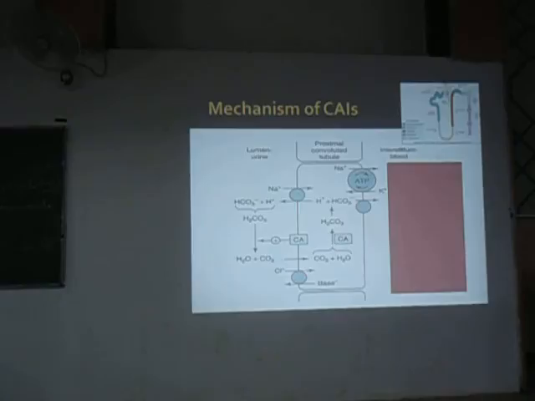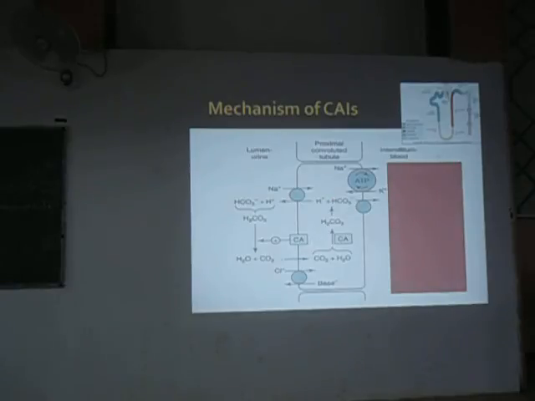Once it has entered the cell, it combines with water, and under the influence of carbonic anhydrase it is converted to carbonic acid, which gets converted to hydrogen ion and bicarbonate. So this was the mechanism by which we conserved our bicarbonate ions.